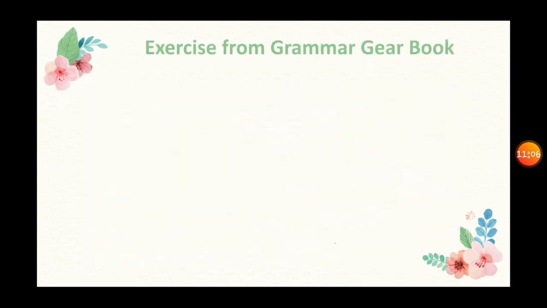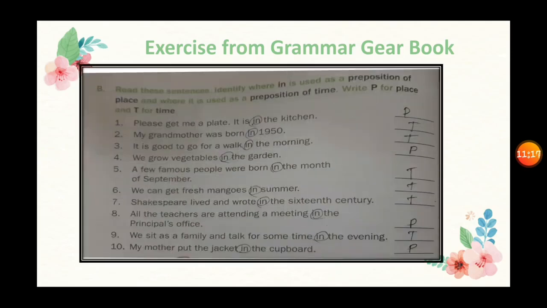Up to this we have done with the rules and in which situation we use them. Now come the exercises from the Grammar Gear book. Let's go for the instruction. You know this type of question, right? You have done it already. So let's go for the instruction again. Read these sentences.